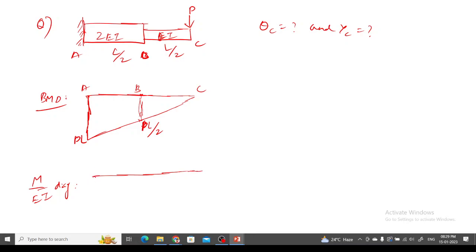So at point A, what I should do is PL by 2EI. If I do the M by EI, it should be PL by 2EI. One minute, I am writing it a little bit up. Then if I consider from the left-hand side, this is the point B. Here I have 2EI at this junction and here I have EI.